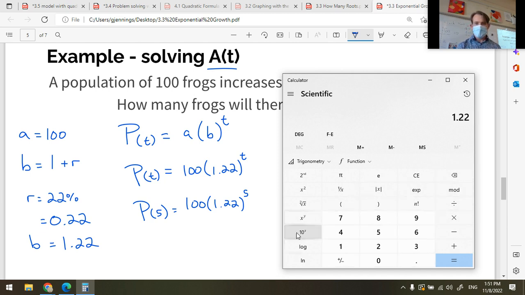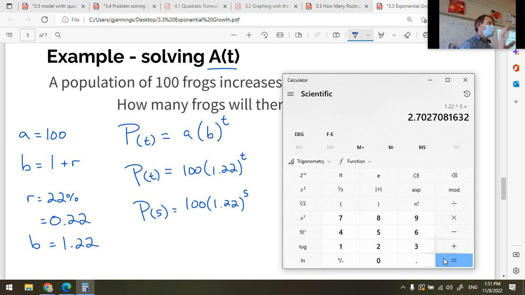1.22 raised to the power 5 equals 2.70. So what we're finding is that after applying that growth 5 times, like I multiplied by that growth, every year the number of frogs grows based on the number of frogs that are there. And it grows by 22% each year.